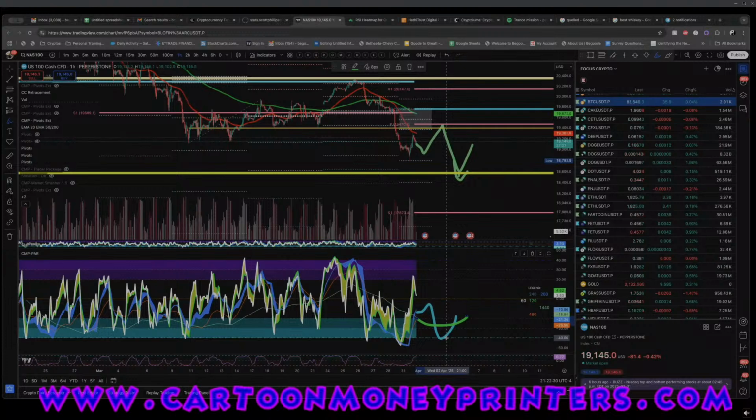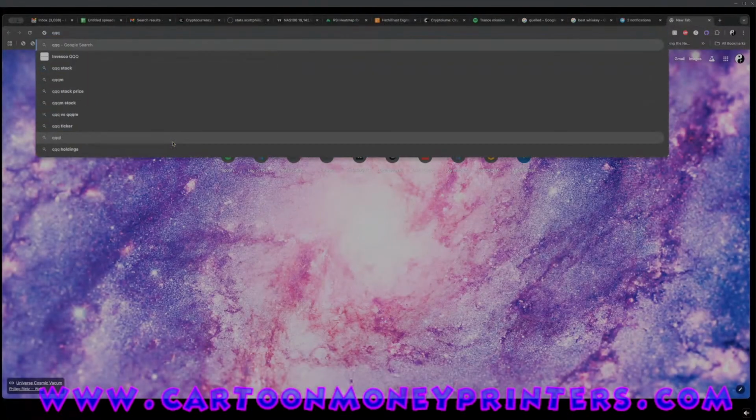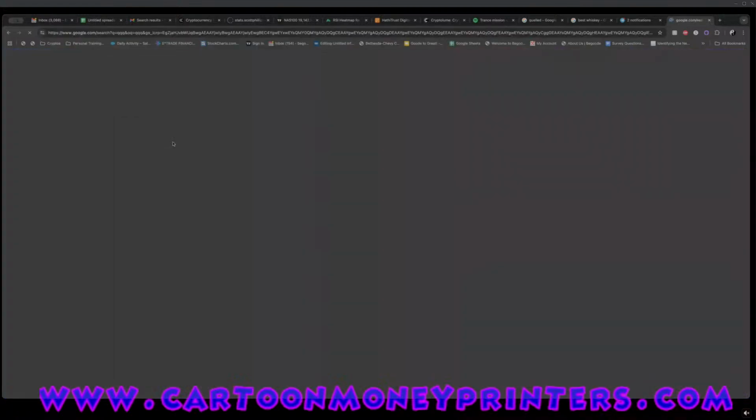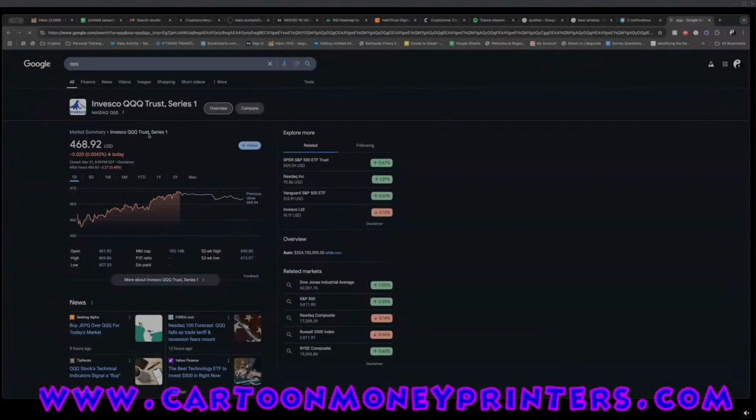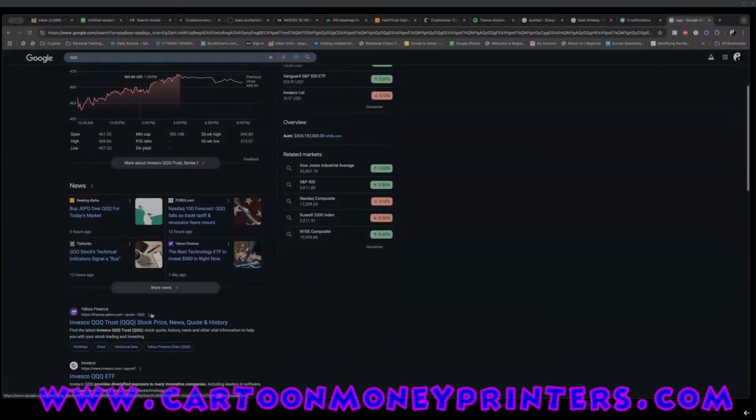So what is QQQ? That's basically the NASDAQ ETF. It's the NASDAQ Trust, by Invesco, which is the money manager of that.